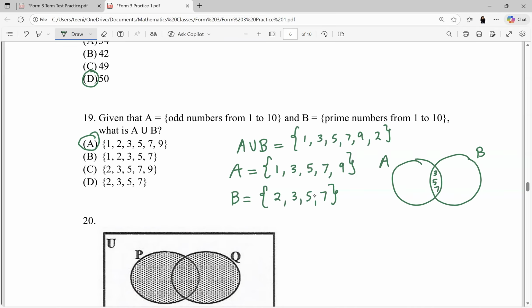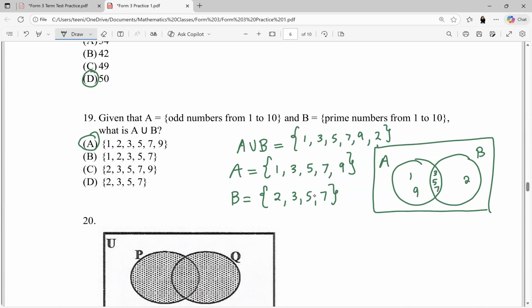A is the odd numbers, so what will go in A is 1, and then what will go in B is 2. There's another one in A. I forgot 9. That's how it would look on a Venn diagram. So that's just something to refresh your memory.